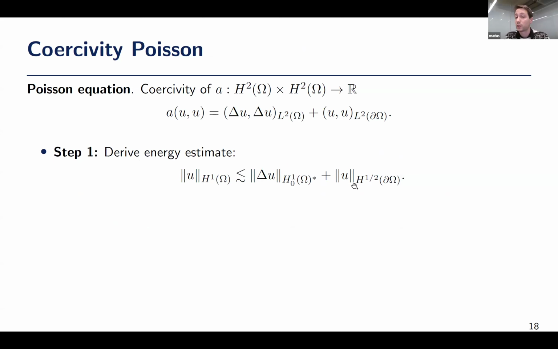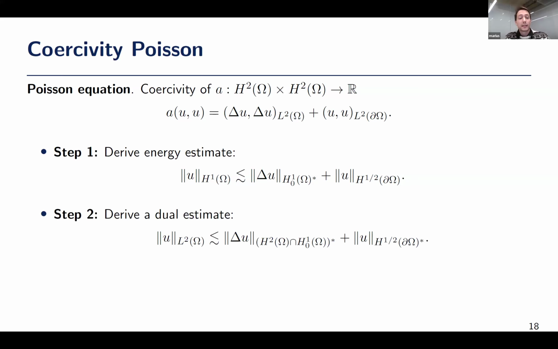So energy estimates look like this. We control the H1 norm by the dual norm of the Laplacian and the H1 norm on the boundary. This is a standard application of Lax-Milgram. Then we derive a dual estimate. Here we assume that U has H2 regularity, so that the problem itself has H2 regularity.